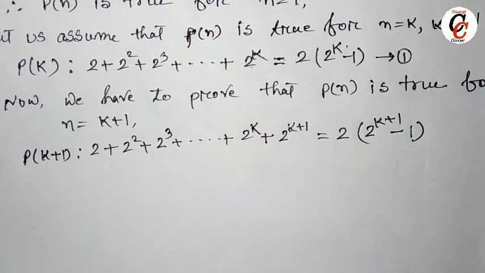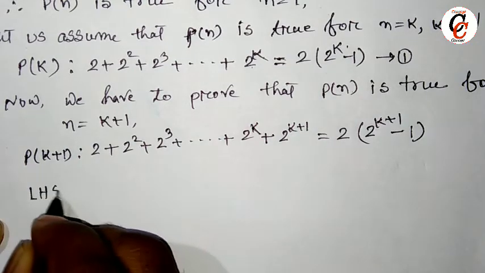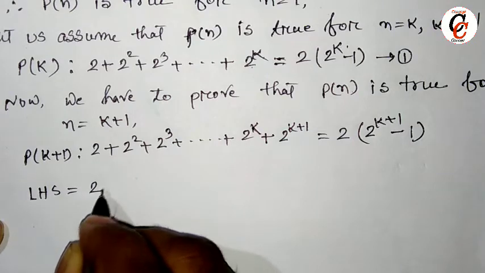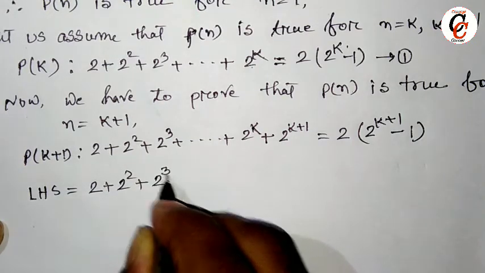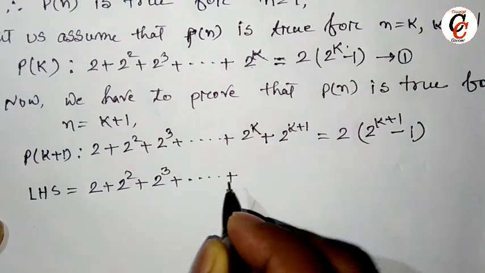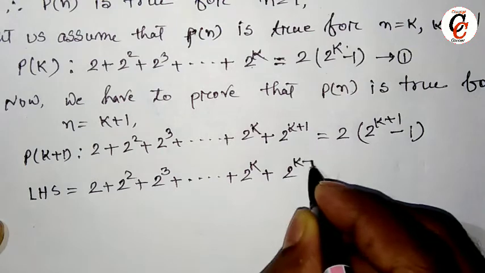So we have to take left hand side. Left hand side is 2 plus 2 square plus 2 cube plus up to 2 to the power k plus 2 to the power k plus 1.